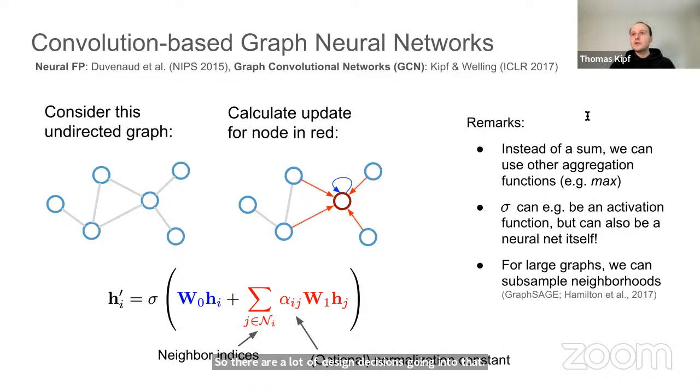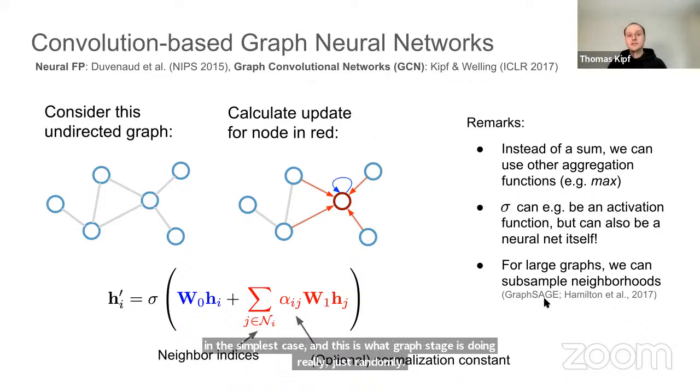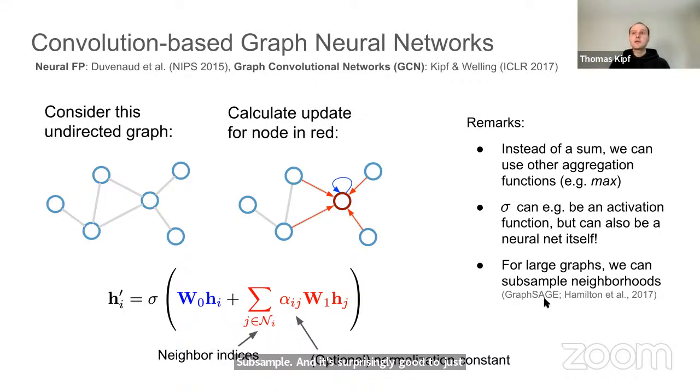And that's also one of the questions that came up: subsample the neighborhood on what basis? In the simplest case, and this is what GraphSage is doing, you really just randomly subsample. And it's surprisingly good to just randomly subsample, because typically if you take a random sample of a big pool of neighbors, this is still somewhat representative of what the neighborhood looks like. But this is not always the case.